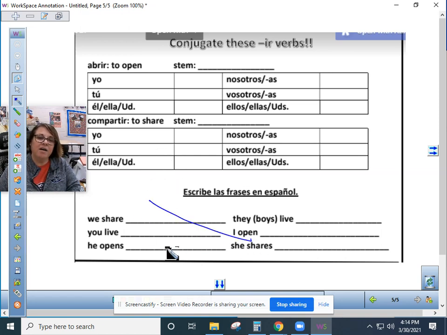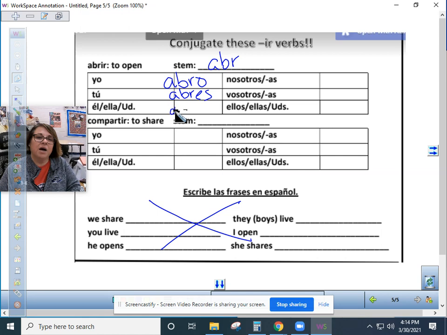All right, so here we have abrir, to open. The stem is ABR, basically what's left after you drop off the IR. So abro, abres, abre, abrimos, abrís, and abren. Okay? Here you have the verb compartir, to share. The stem is C-O-M-P-A-R-T.